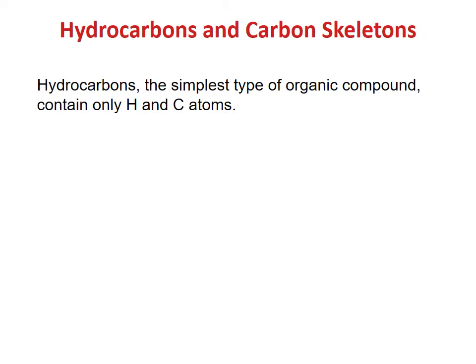Our discussion begins with the simplest type of organic compound, hydrocarbons. These compounds only contain hydrogen and carbon, and the simplest one is the one with only one carbon. Because each carbon should have 4 bonds, this carbon must bond to 4 hydrogens. And this is called methane.